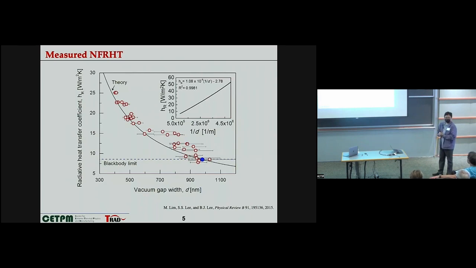We demonstrated that we can exceed the black body limit at very small distances, and the limit we achieved is about 400 nanometers with this very simple MEMS platform.